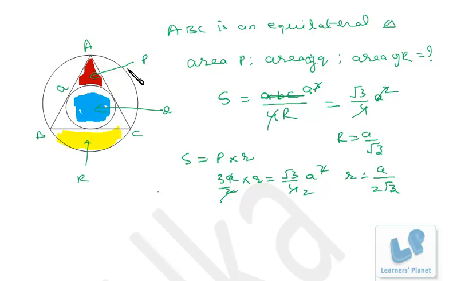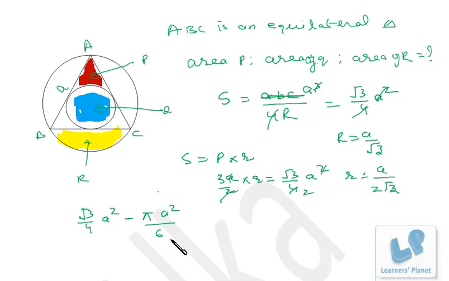See, in case of P, area of triangle ABC, that is root 3 by 4 side square, minus the area of this circle, that is the incircle, that is pi r square. So pi A square by 12, right?